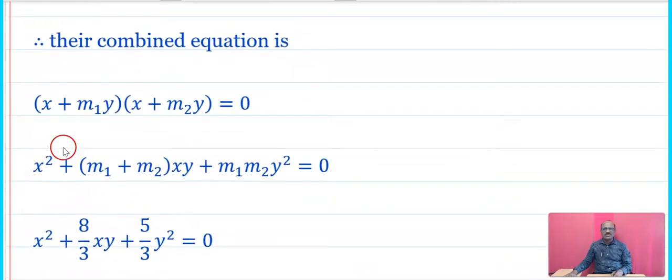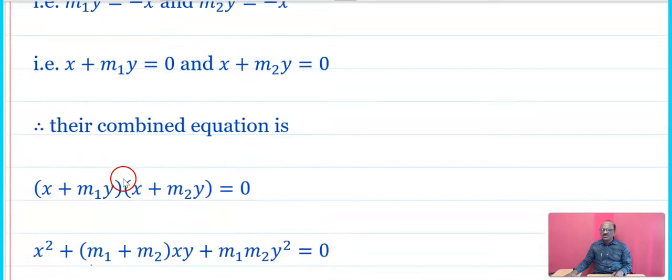Their combined equation is (x plus m1y) into (x plus m2y) is equal to 0. Multiplying, the first term is x square, next is x into m2y, x into m1y; taking xy as common, you will get (m1 plus m2) into xy, and the product of m1y into m2y gives m1 into m2 y square, equal to 0.